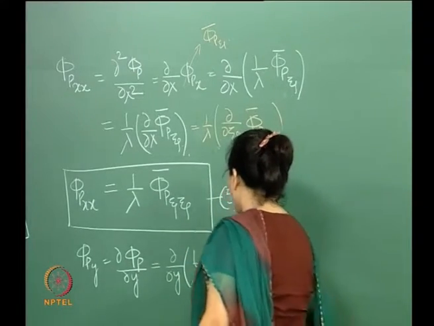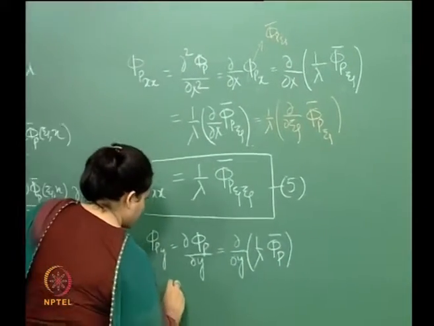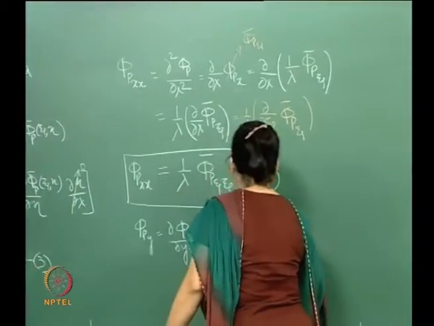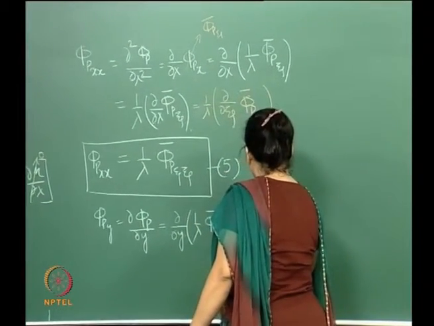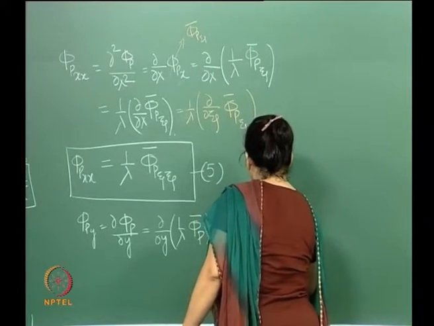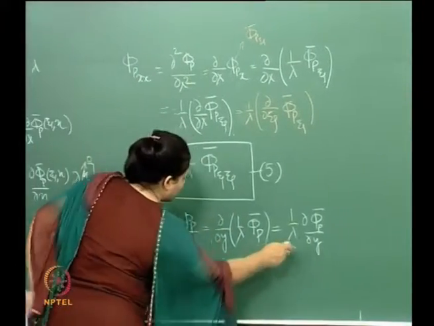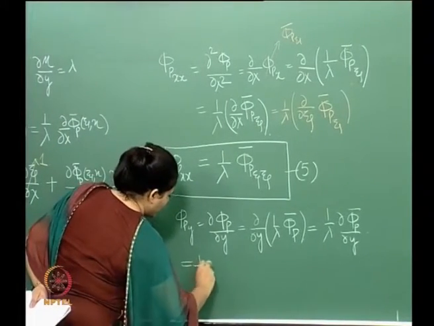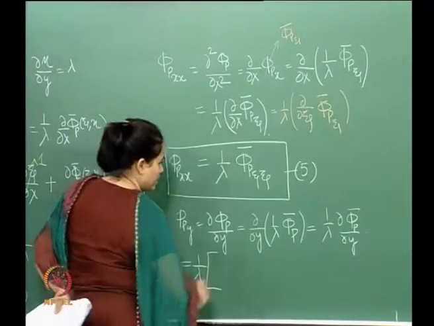If I expand this, essentially what I'm getting here is 1 by lambda del phi p bar del y. Now let me go ahead and expand this.